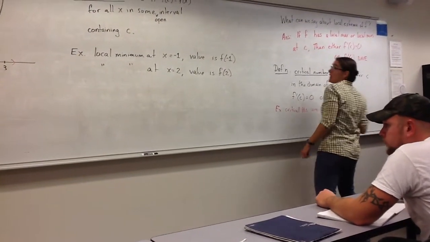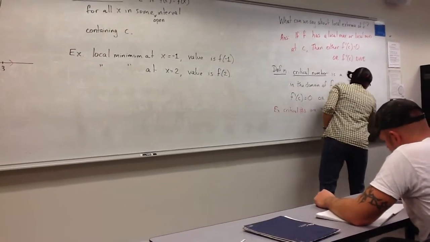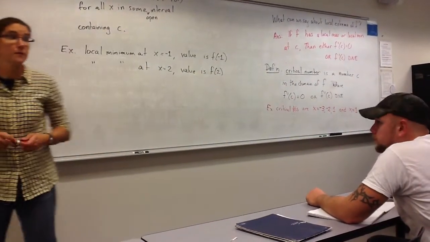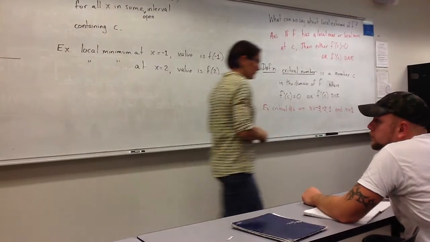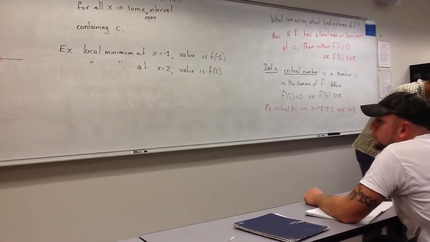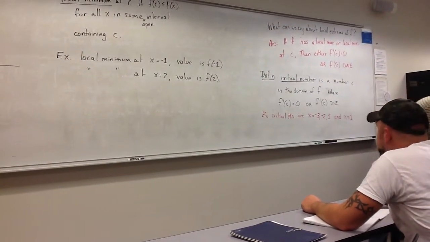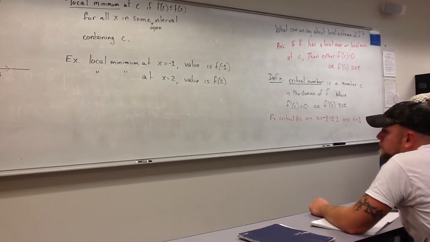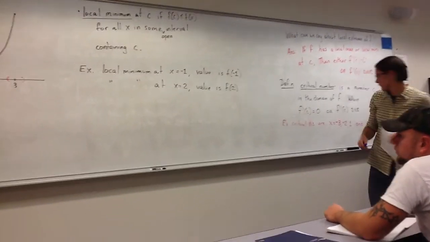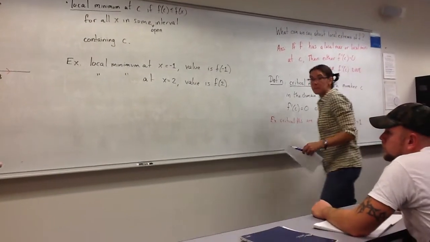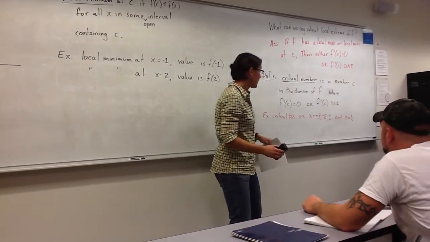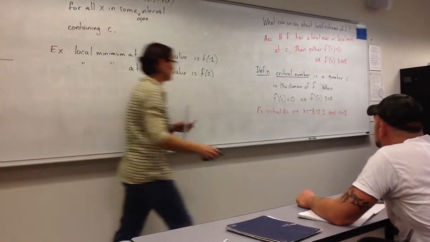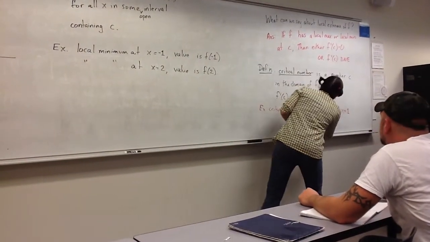And x equals 1 is where our derivative does not exist. And so these 4 x values are our critical numbers. So would that be x equals -3, -1, and 2, and x equals 1? Yes, thank you. That should have a minus.